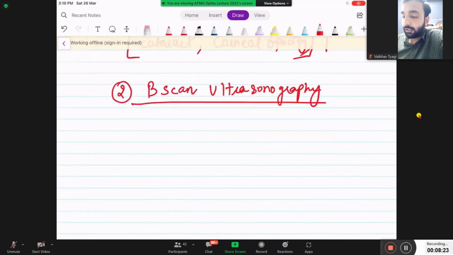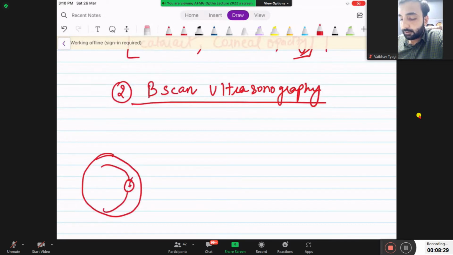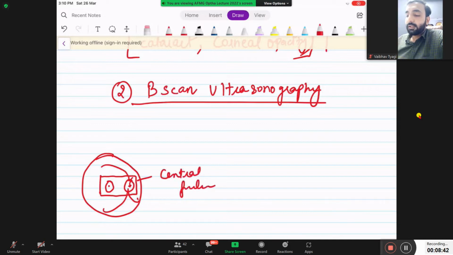Whereas central fundus means this part. This is suppose the whole fundus. This is your optic disc. These are the vessels. This is the macula lutea. Center is fovea centralis. So this part of macula and optic disc is called as central fundus.